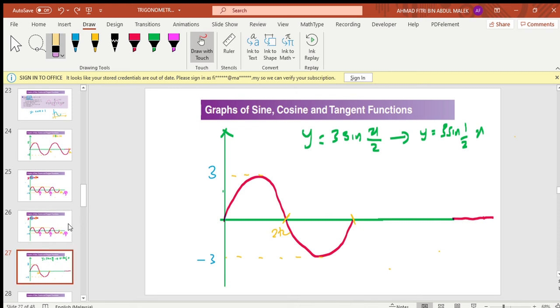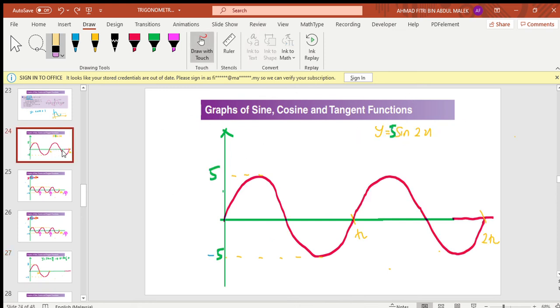Lastly, if I want to manipulate the value of c, so I will continue. If I want to manipulate value of c, for example this one, I just plus 1. What will happen to my original graph? So when plus 1, you need to remember, the original here is 0.